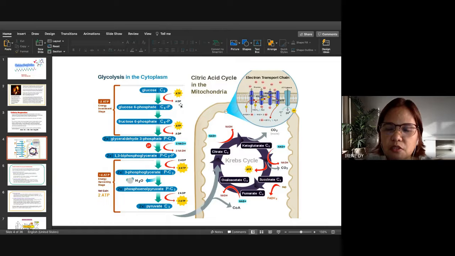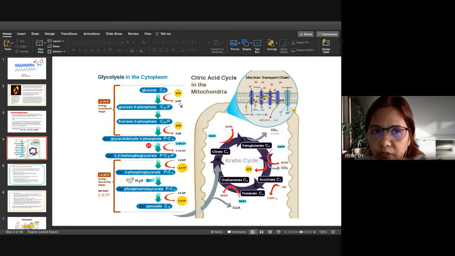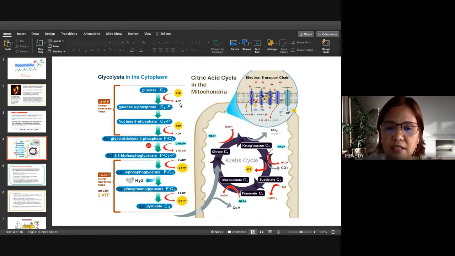Anong ibig sabihin nun? You need to lose one inorganic phosphate coming from adenosine triphosphate and you will be having a byproduct of adenosine diphosphate. When you say adenosine diphosphate, meaning it only has two inorganic phosphates. Nawala yung isang inorganic phosphate.